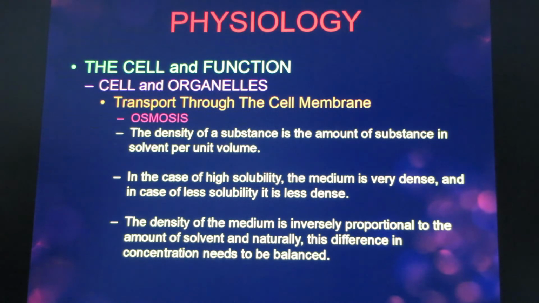In the case of high solubility, the medium is very dense, and in case of less solubility, it is less dense. The density of the medium is inversely proportional to the amount of solvent, and naturally, this difference in concentration needs to be balanced.